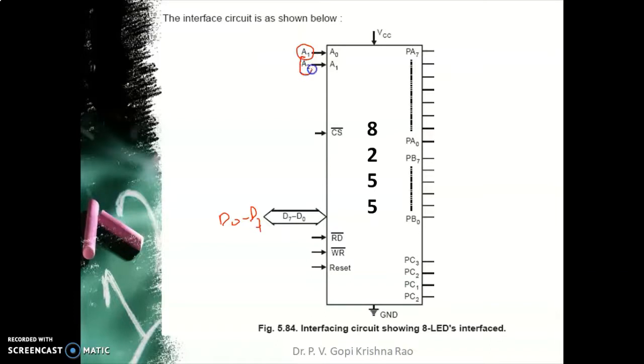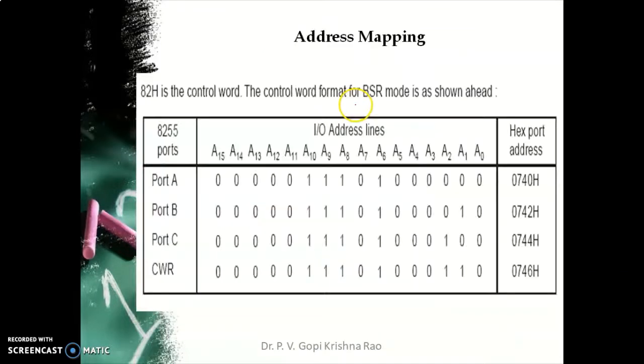The address lines A1 and A2 from the microprocessor are connected to A0 and A1 of 8255, because these lines A2, A1 are the ones that actually define port A, port B, port C and the control register.